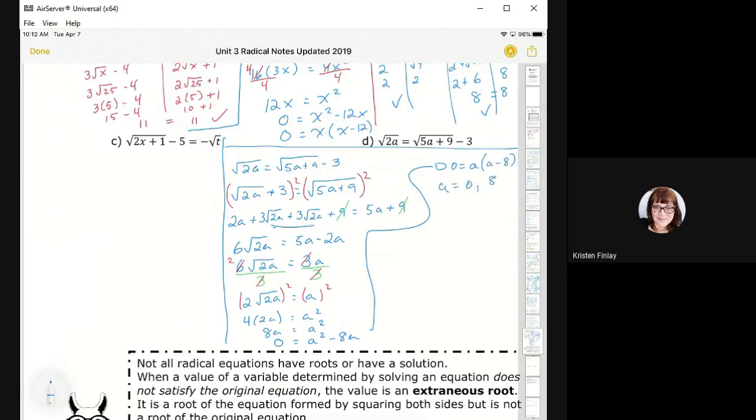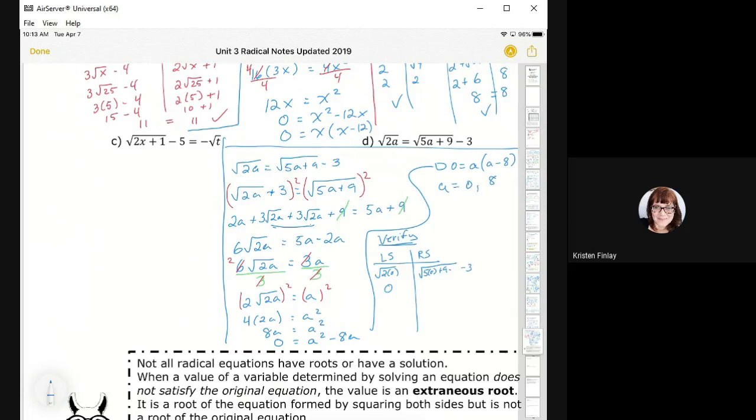Now, again, we're going to verify both sides. So verifying. So I have left side and right side. Let's verify 0 first. So on this one side, root 2 times 0. And on this side, 5 times 0 plus 9, and then the minus 3 is outside the radical.